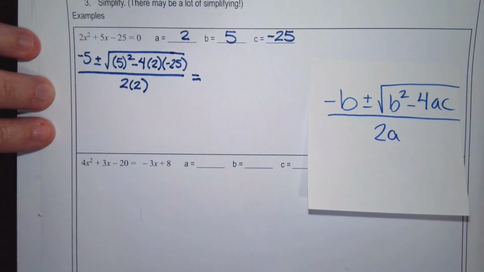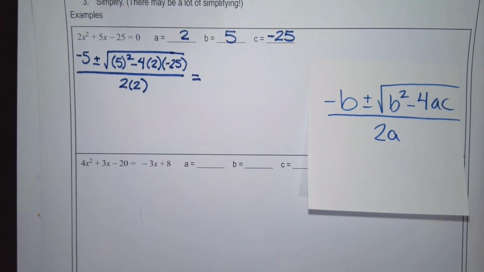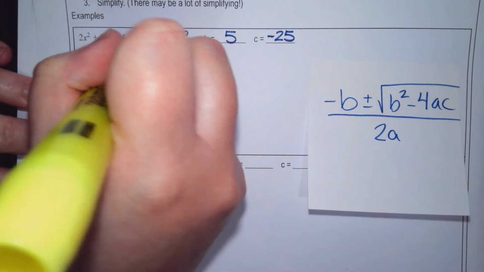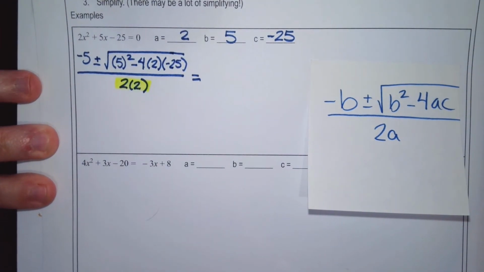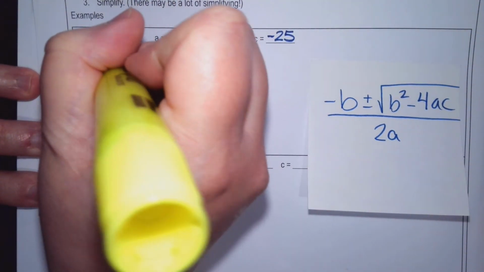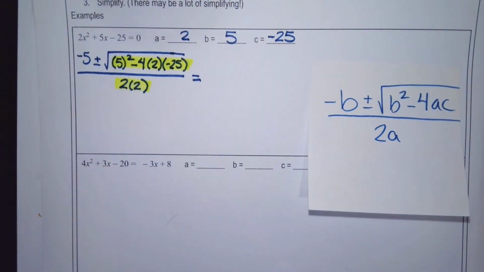All right, now we need to simplify. So I do 2 simplifyings in this step. I simplify the multiplication in the bottom, and then I simplify underneath the square root.